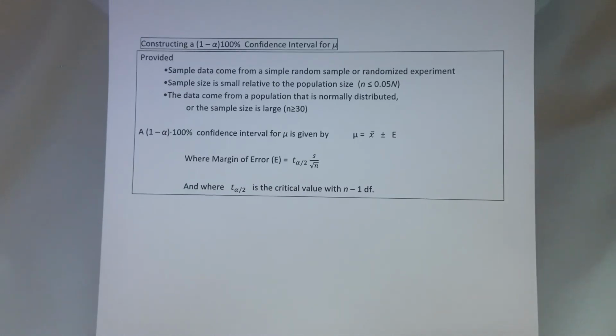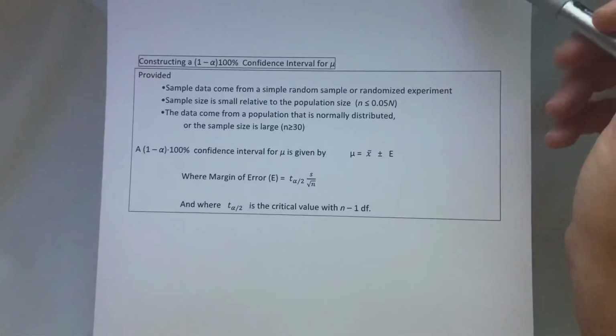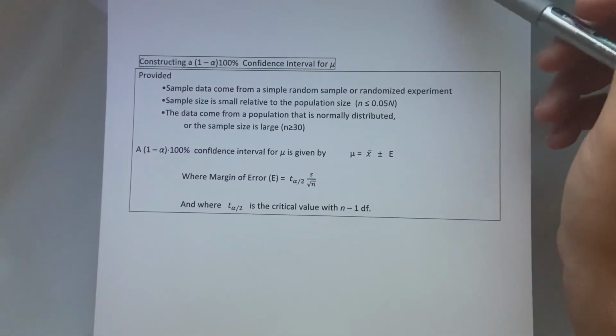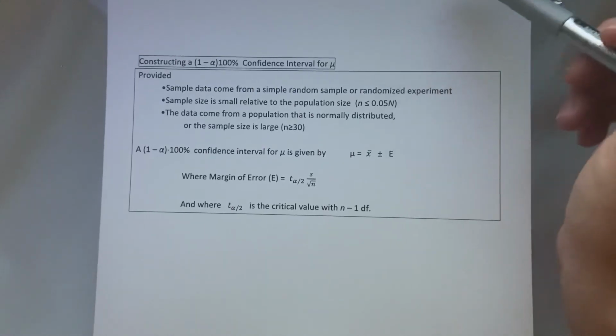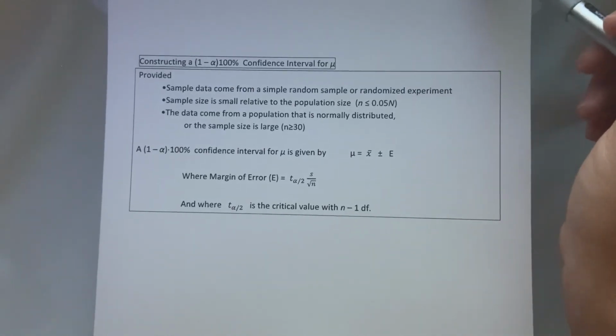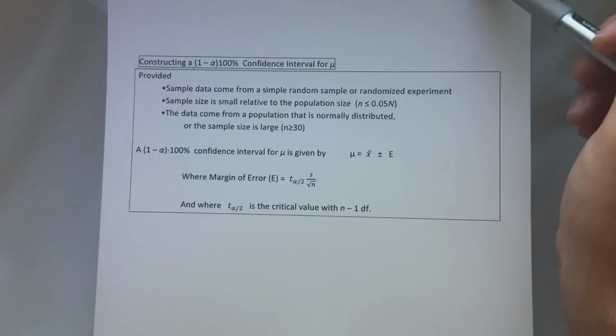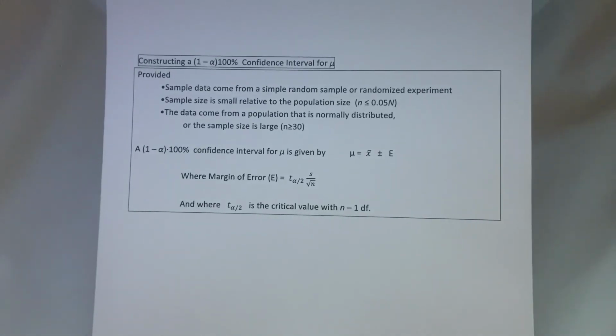It's now t alpha over 2 times s divided by the square root of n, where n is our sample size, and t alpha over 2 has to do with the confidence interval. It's just like up here. If we want a 98% confidence interval, that means we're missing 2%. Cut that 2 in half. The 0.02 is now 0.01, which is what we're looking across on the top. And t alpha over 2 is the critical value with n minus 1 degrees of freedom.